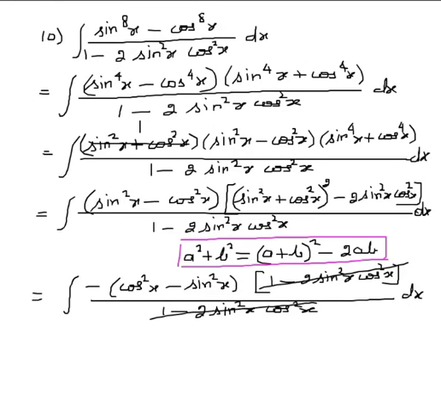These two terms are getting cancelled. We get minus of cos square x minus sin square x, which by the formula is cos 2x, dx. We have just simplified the given function using the identities. Now we are going to integrate. Integral of cos 2x is sin 2x divided by 2 plus c.